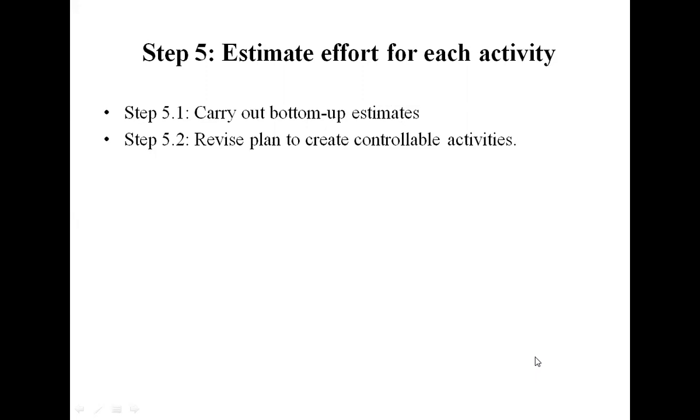By increasing these, we have to finish the project earlier than the end time. By using resources or anything, we have to complete our project as early as possible. For that purpose we have to revise our plan once again. That is estimate effort for each activity. That is step number 5.